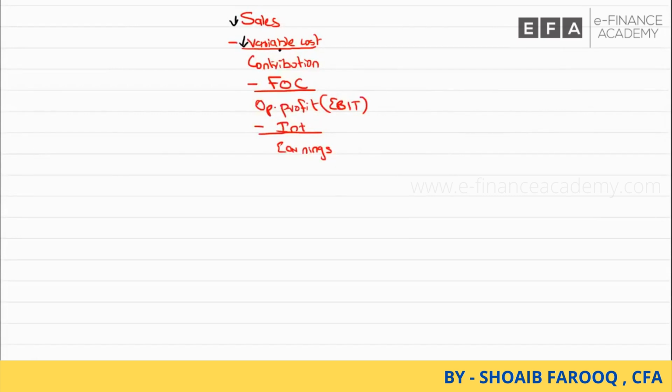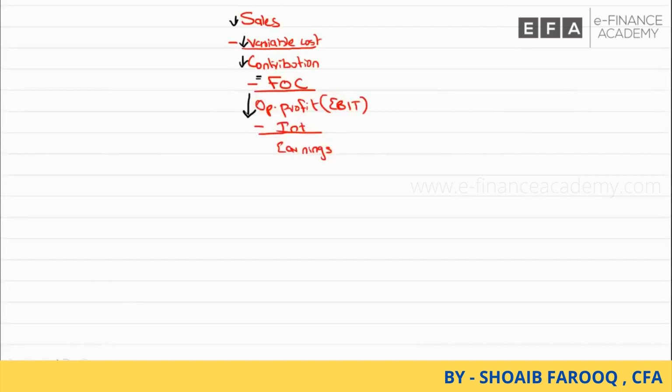Hence, your variable cost does not pose a risk that will cause your contribution to decline. And when contribution, just profit after variable cost, declines, your fixed costs remain the same. That will cause your operating profit to maybe decline by a much bigger amount than the decline in the contribution. And that is what poses the risk, which is called degree of operating leverage.